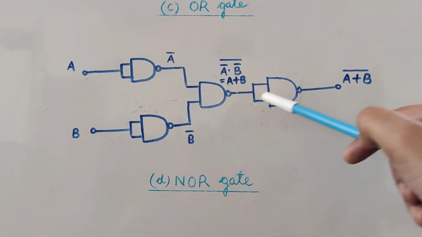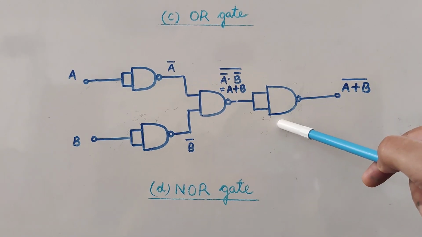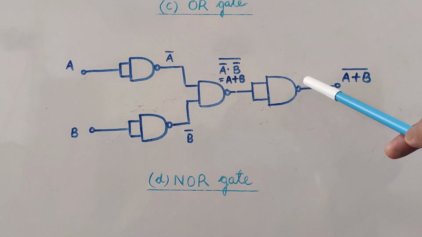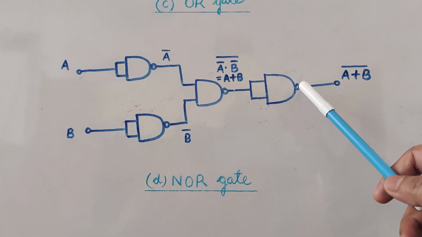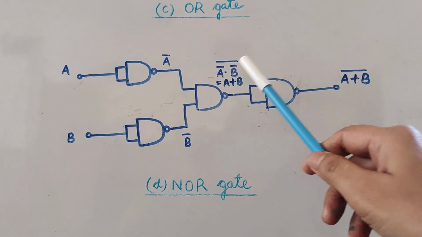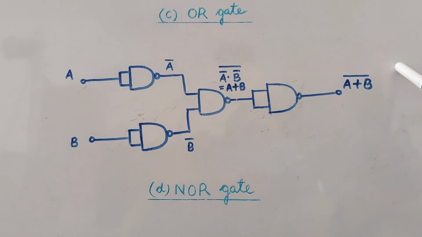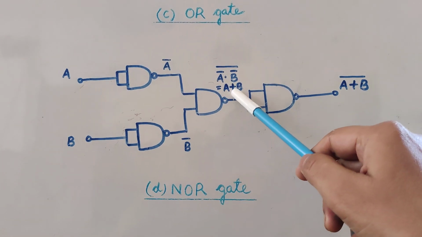Now this output is given to both the inputs of a fourth NAND gate, and if we find out the output of this NAND gate, it comes out to be the complement of A plus B, because this bubble will complement the value of this input.